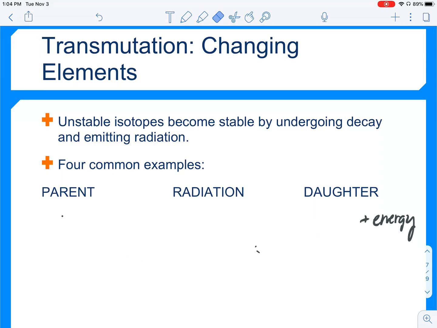And then ultimately, when we talk about this energy term over here that shows up quite a bit, we're talking about electromagnetic radiation. And you've probably heard of this before, the electromagnetic spectrum.